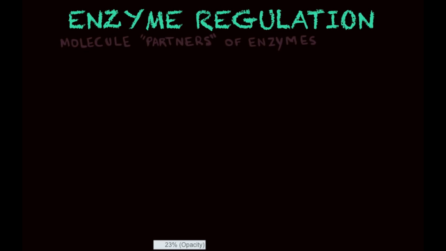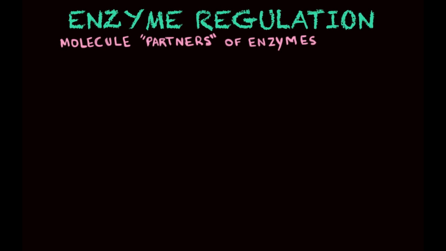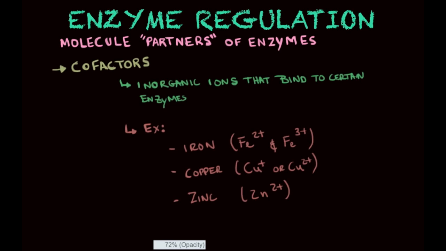Now, an important thing to know also is that enzymes can be regulated or aided through molecules that will partner with them and usually help activate them. And there are three examples that we need to talk about. The first one is cofactors, which are inorganic ions that bind to certain enzymes, such as iron, copper, and zinc.